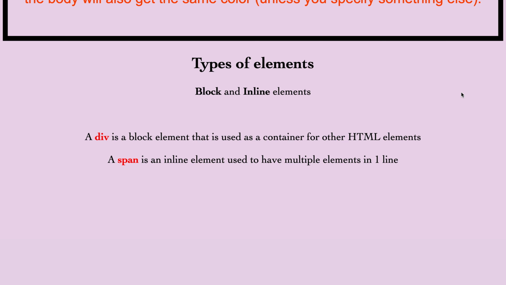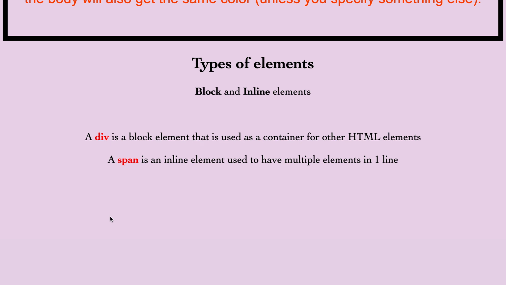We'll just look at span. Span is an inline element used to have multiple elements in one line. So inline basically means that whatever objects or text that you have, they will all be in one line of your website.